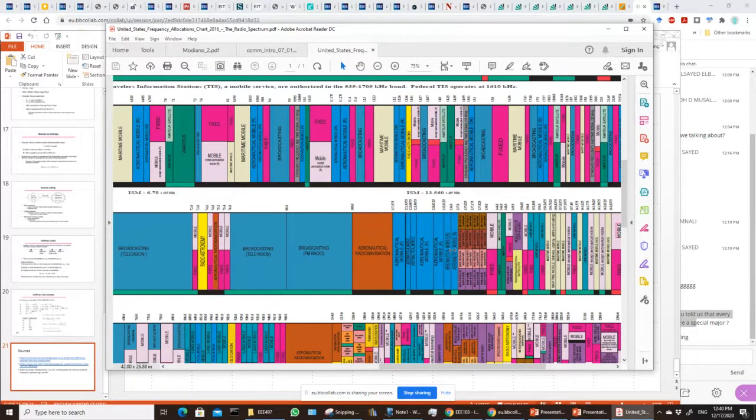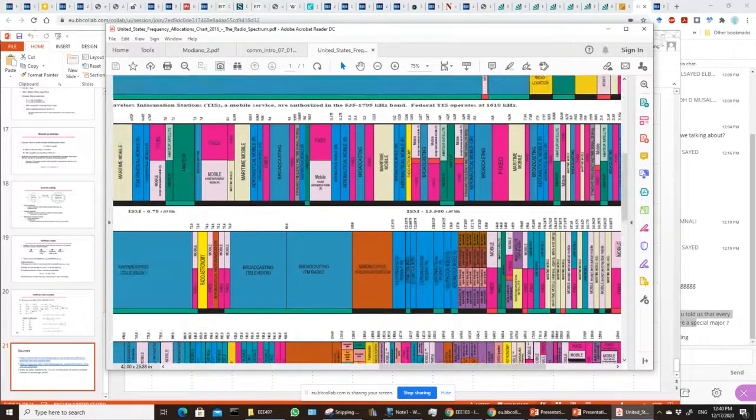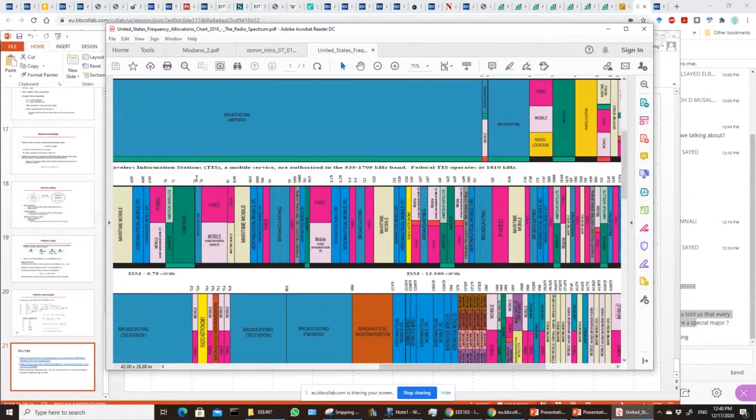So they lobbied to have a certain frequency allocated for metering. I don't even remember what the frequency is now, but it's a very low frequency in the kilohertz range, 1,200, 1,300 kilohertz.